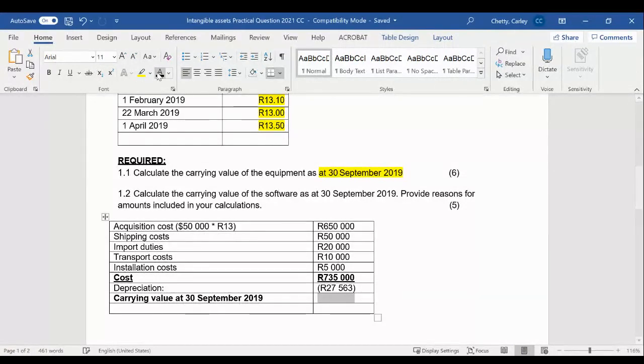Correct. The carrying amount is 707,437. So the required was to calculate the carrying value of the equipment at 30 September 2019, and that is what we have done. Okay, are you guys all happy with that? Are there any questions on the equipment part before we move on to the intangible assets?